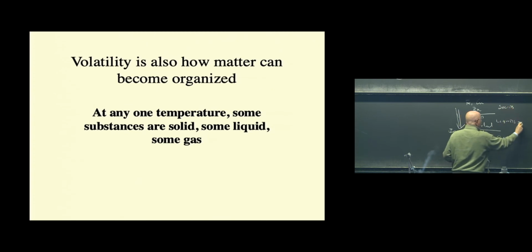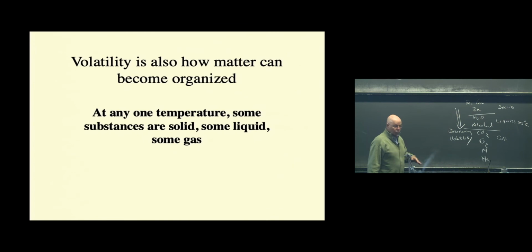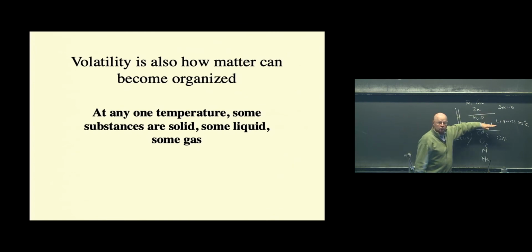That's at 25 degrees C. If we went down to 0 degrees C, our solid line would move down, because our water would turn into a solid. At still colder temperatures, our alcohol would turn solid, and at still colder temperatures, our carbon dioxide would turn solid. If we went down near absolute zero, all this stuff would be solid. Or if we increase the temperature even more, we can change zinc into a liquid.